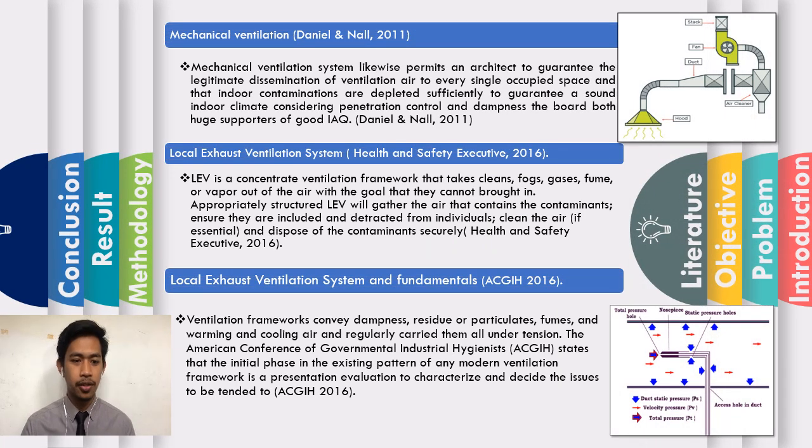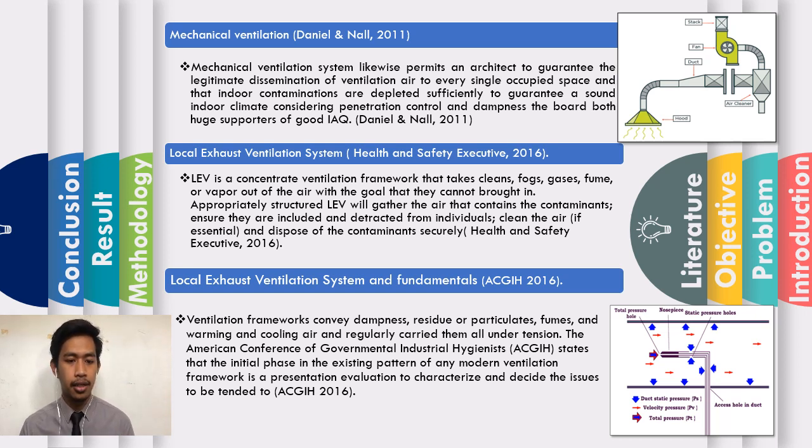For the literature review, I have put three topics for my research on this slide. The first one is about mechanical ventilation. We all know the LV system is a type of mechanical ventilation because a fan extracts the contaminants out from the workplace.